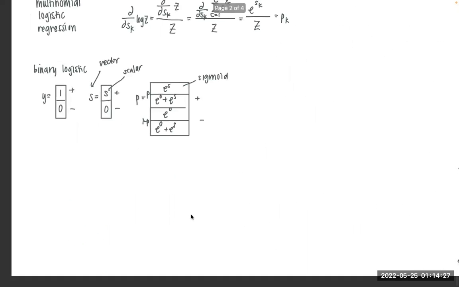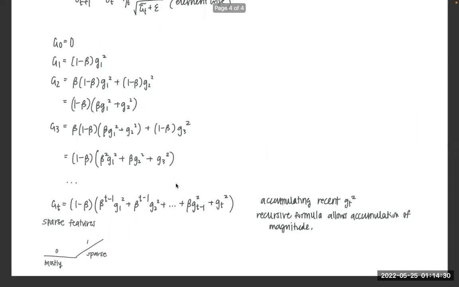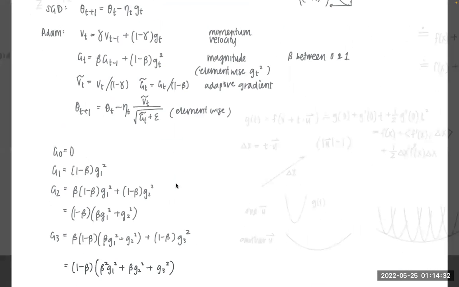So, as I mentioned before, we use this formula to accumulate the recent G_t, and here we use this formula to accumulate recent G_t squared. Again, we do this element-wise, and then we divide by 1 minus beta or 1 minus gamma to get the real accumulation.